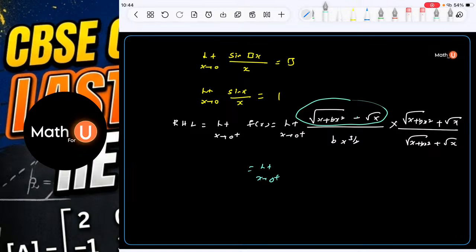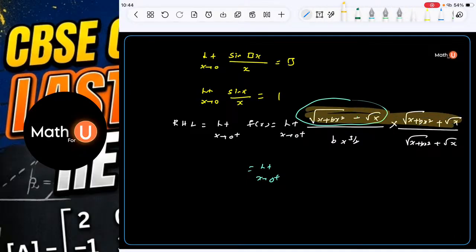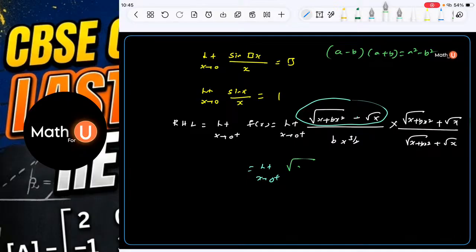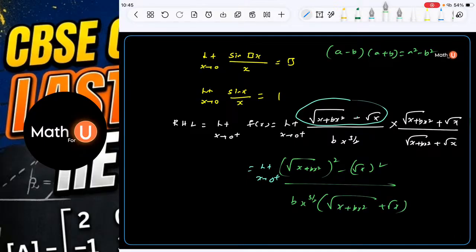See, you apply, it is in terms of a minus b, a plus b. This is in terms of a minus b, this is in terms of a plus b. Then we know that a minus b, a plus b can be written as a square minus b square. Then apply the formula, we get square root of x plus bx whole square minus square root of x whole square, by b into x power of 3 by 2 into square root of x plus bx square plus square root of x.